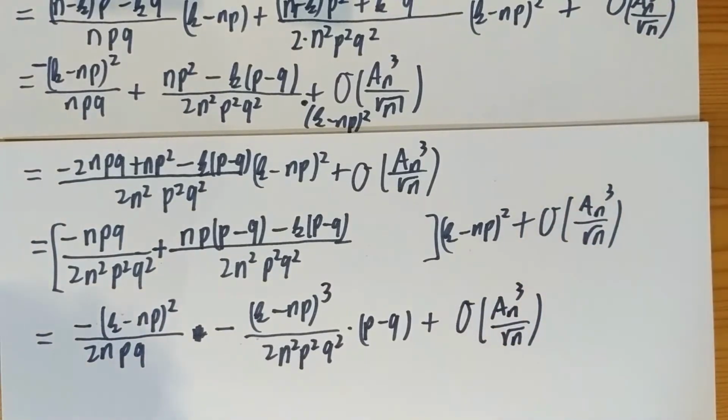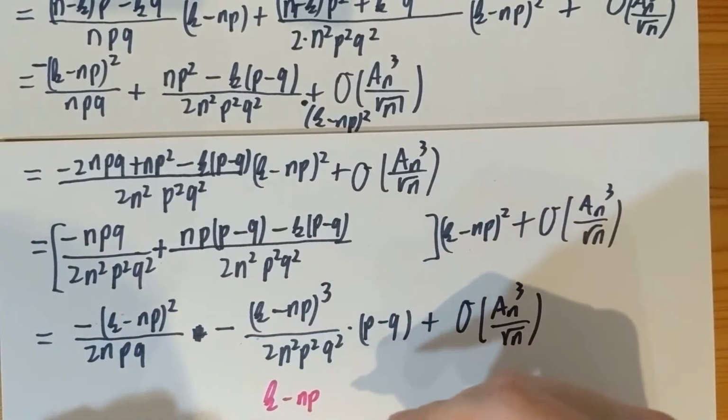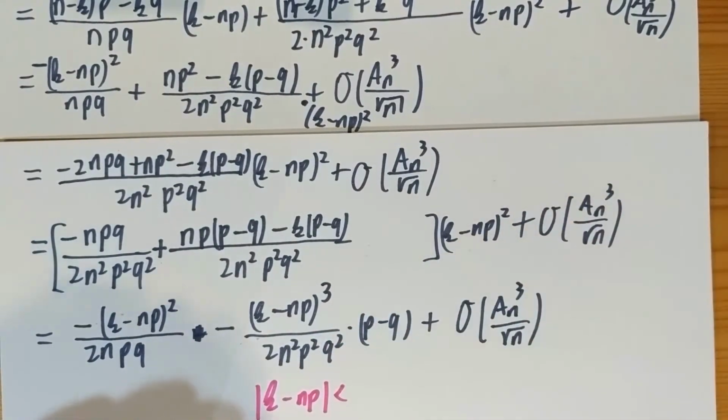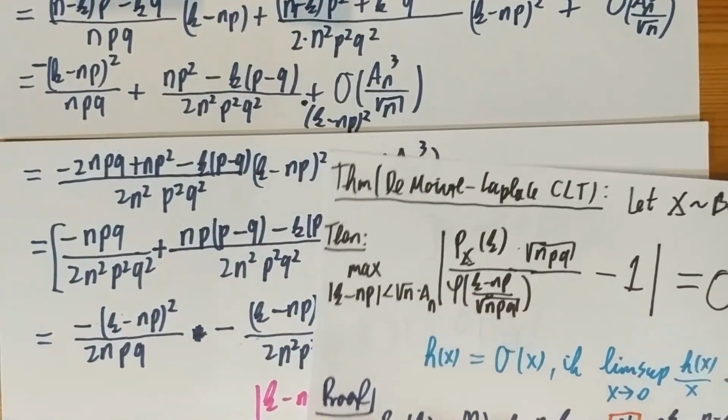And so now we have to collect the knowledge we have, collect the conditions we have, and I'm going to claim that this whole term is small enough to be collapsed into the error term. This whole term, by factoring out one more of these k minus np's, is becoming small enough so that it's not distinguishable from this error. Why is that? So remember that k minus np, according to the conditions, is smaller than root n of an.